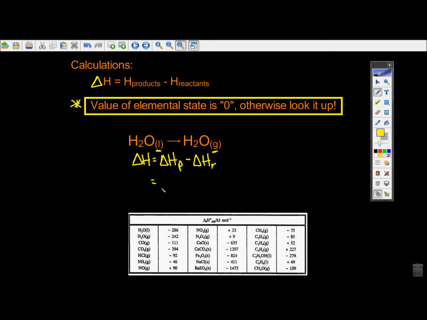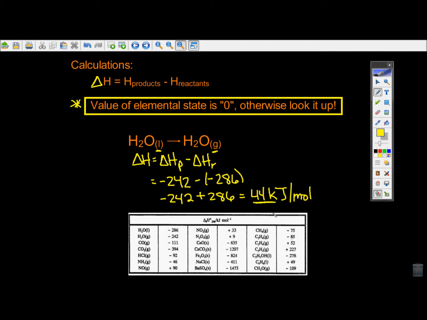So that is negative 242 minus our reactants, which is liquid water, negative 286, and when two negatives come together, they make a positive. So we get negative 242 plus 286, which gives us 44 kilojoules per mole.